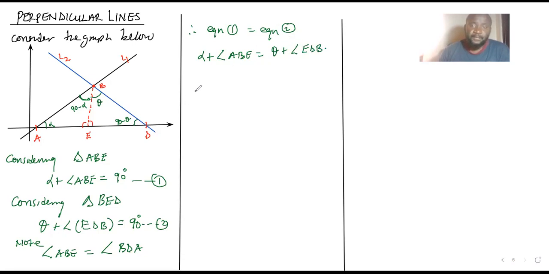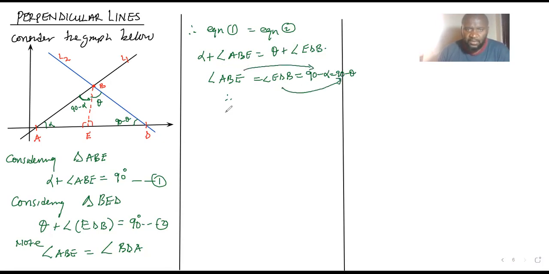Now, because we have seen angle ABE is equal to angle EDB, and these are going to be the same as 90 minus alpha or 90 minus theta, because this one was corresponding to this one, and this one was corresponding to that one.